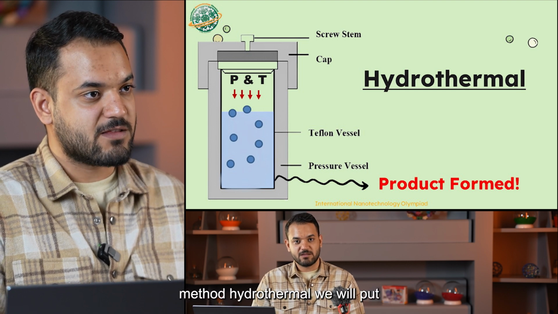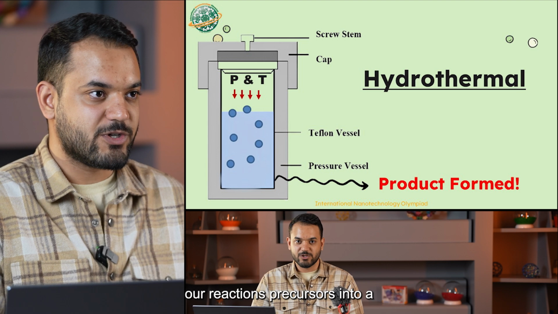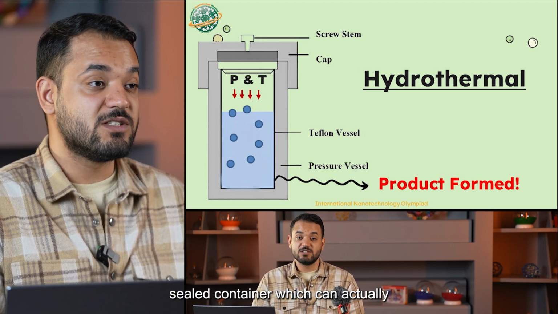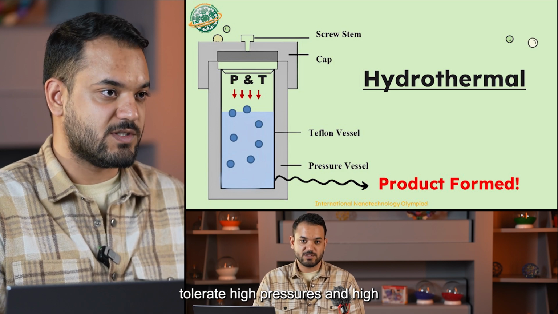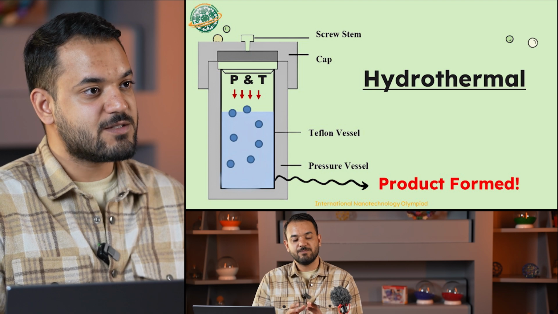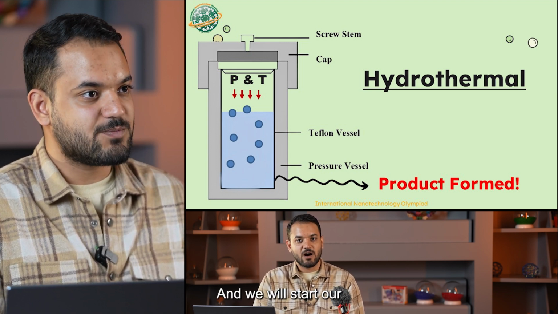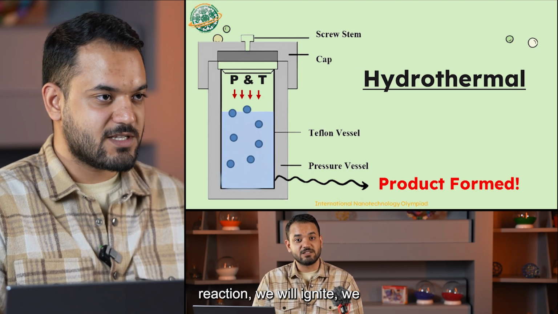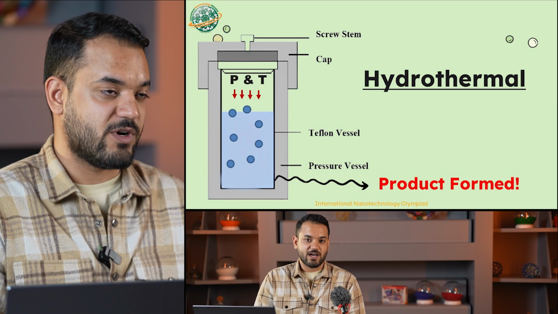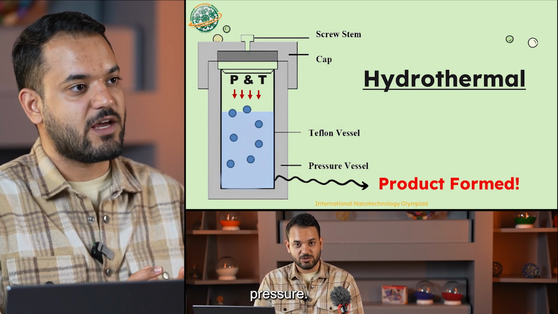So in this method, we will put our reaction precursors into a sealed container which can tolerate high pressures and high temperatures. We have water in the container, and we will trigger our reaction by raising the temperature and applying a lot of pressure.